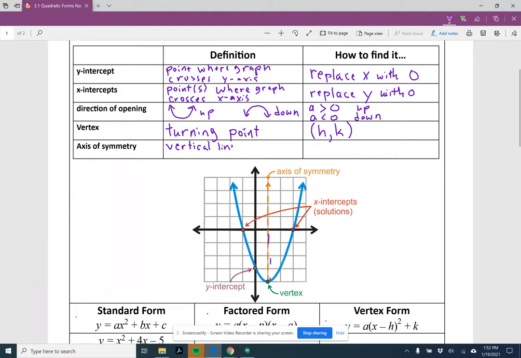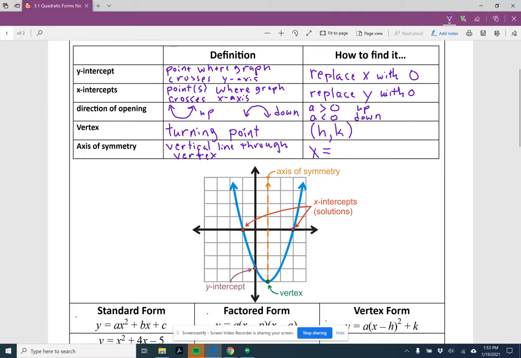That's the axis of symmetry, a vertical line through the vertex. And it's a reflection line for the parabola. If you have a point on one side, you reflect it to the other side, you'll have another point on the other side. The symmetry line is x equals a constant.